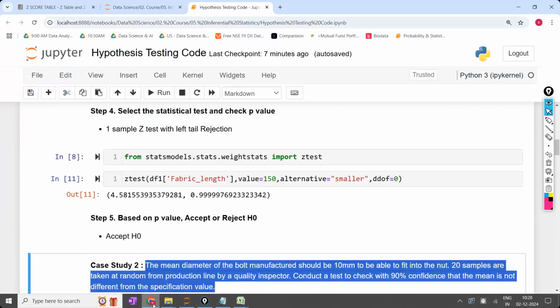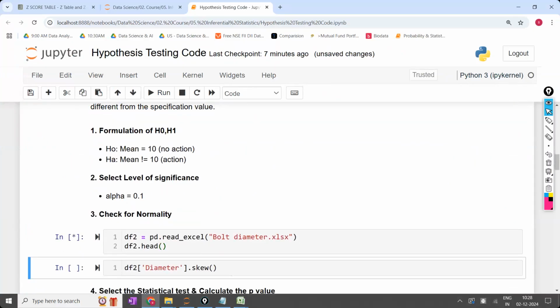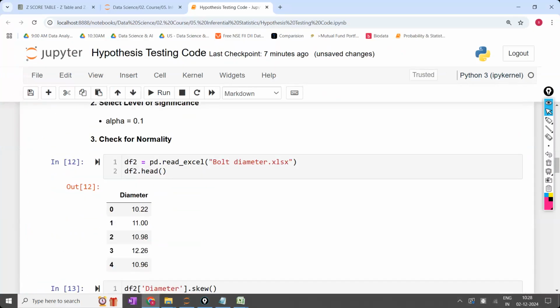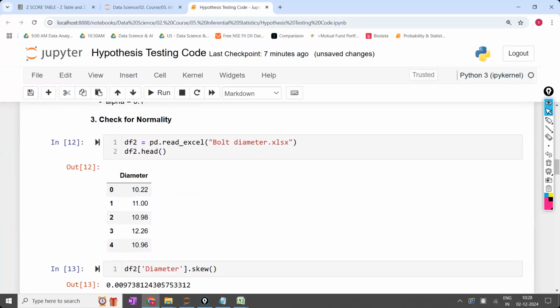So the same thing I'm doing here. First I load the data, then I check the skewness. The skewness I have got is 0.009. Whether it is normally distributed or left or right skewed, it is normally distributed. Done.